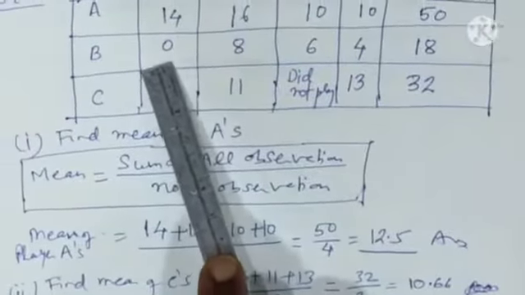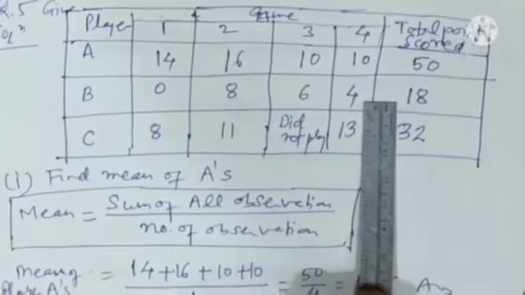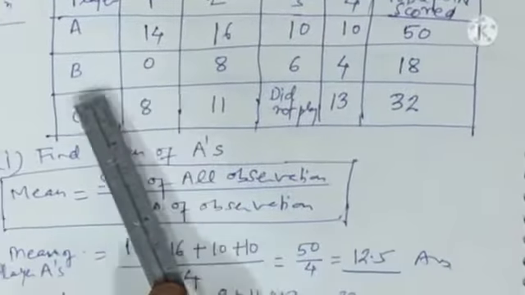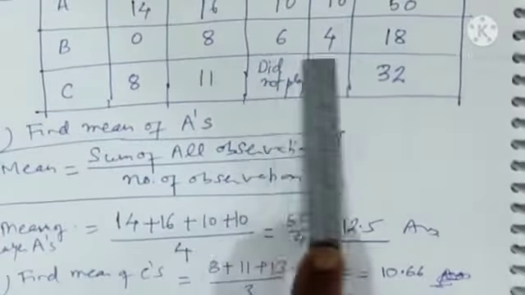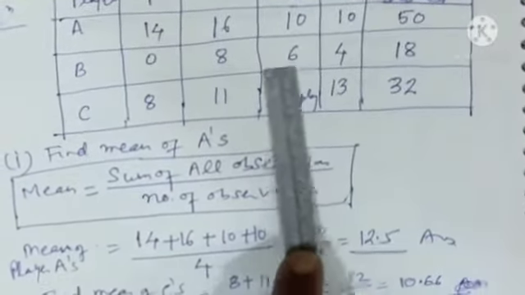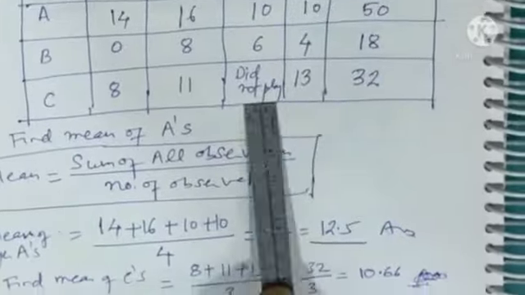So now we take the number of observations as 4, not 3. That is the main difference between B and C. For C, the number of observations is 3 because he did not take part in one game. I think that point is clear.